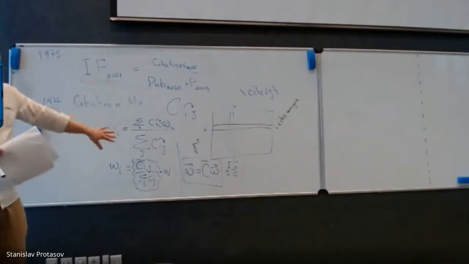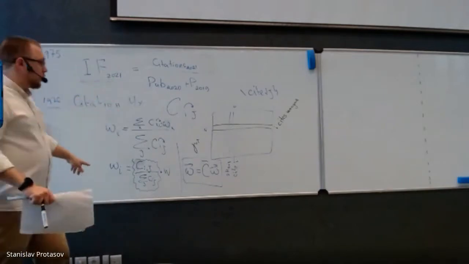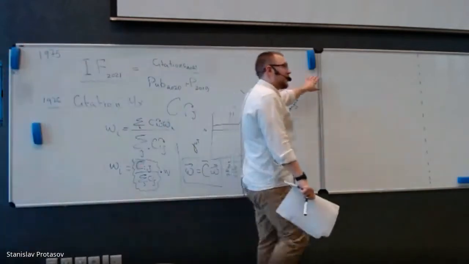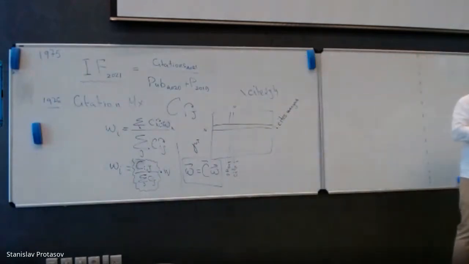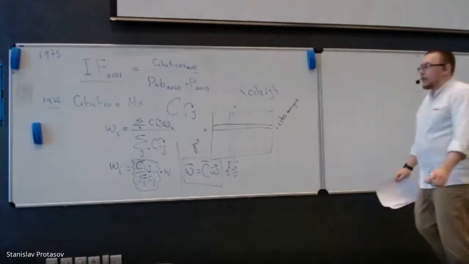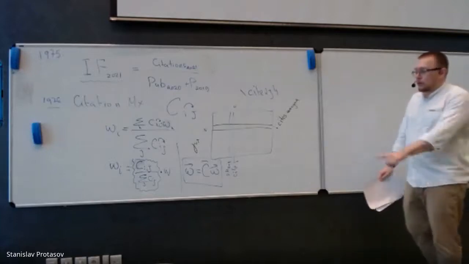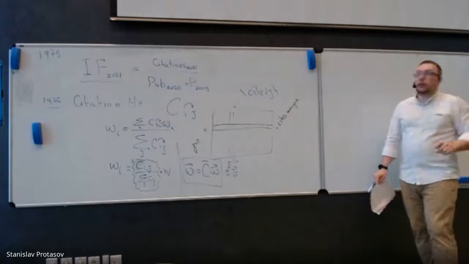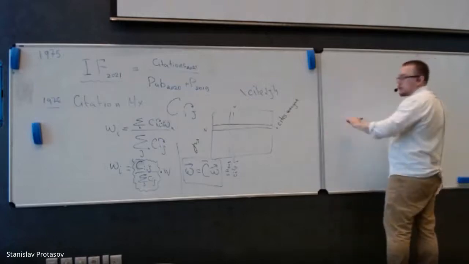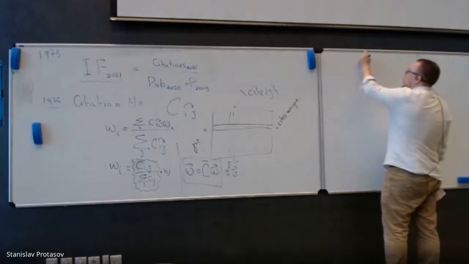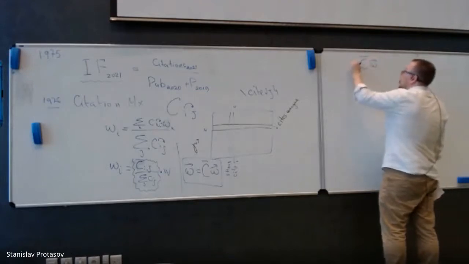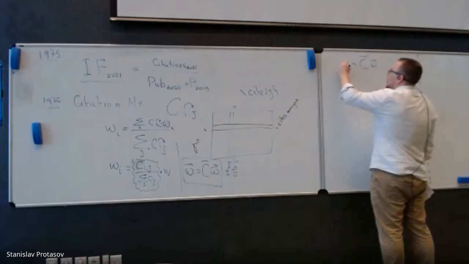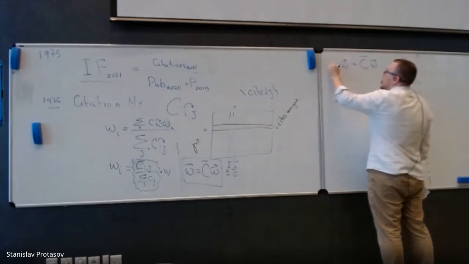And I will soon erase everything on the whiteboard, but I want to make a short comment here. Maybe you remember from the course of linear algebra. How do we call elements of such an equation? If you have, let's call it C, multiplied by vector W, and we have, again, the same vector W multiplied by some constant, let's call it lambda.